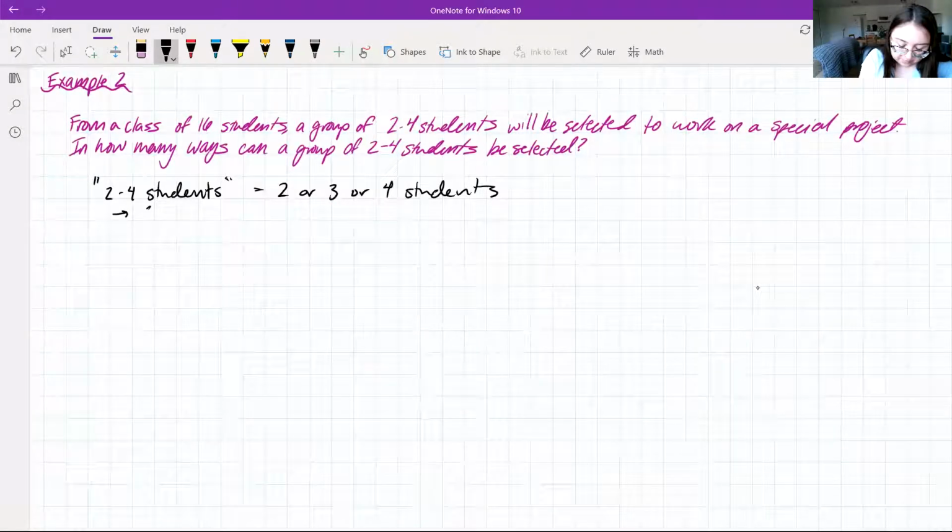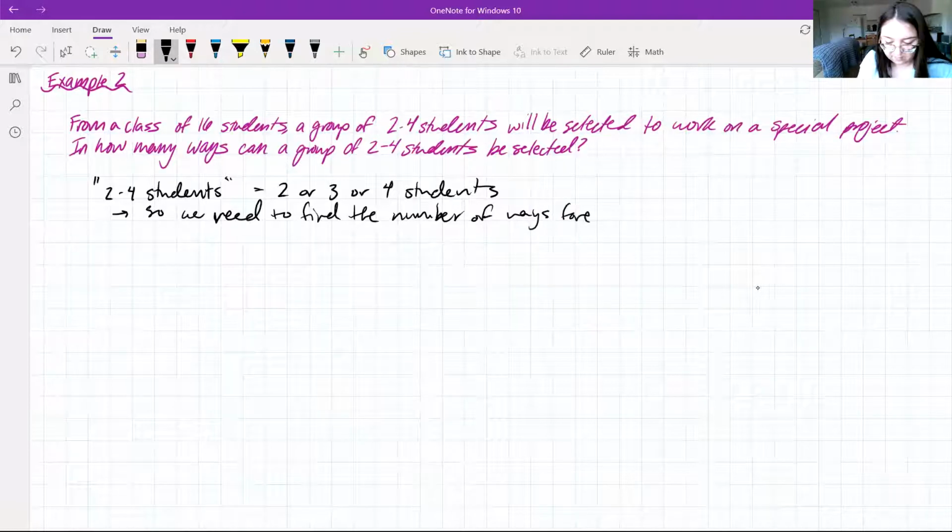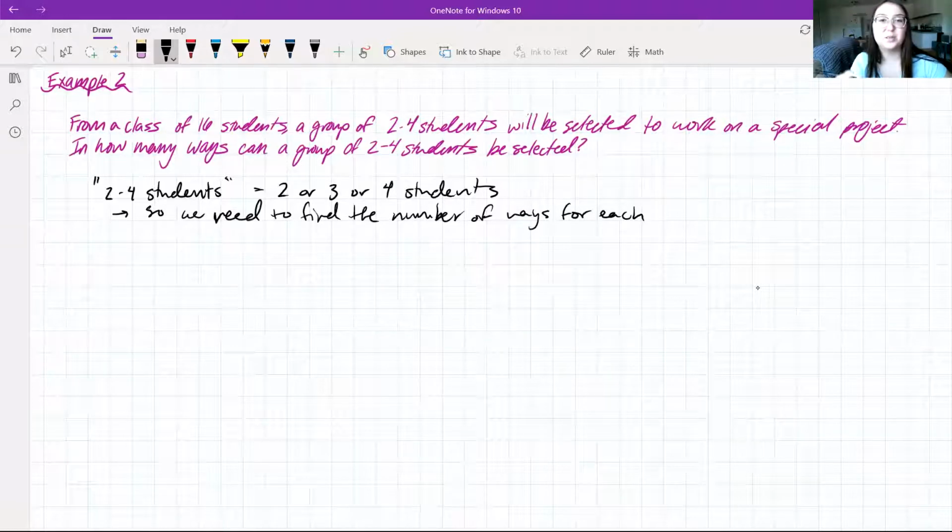So we need to find the number of ways for each case, each case being 2 students, 3 students, or 4 students.